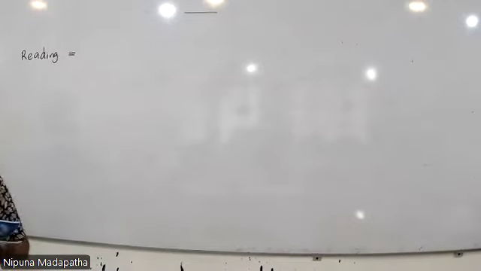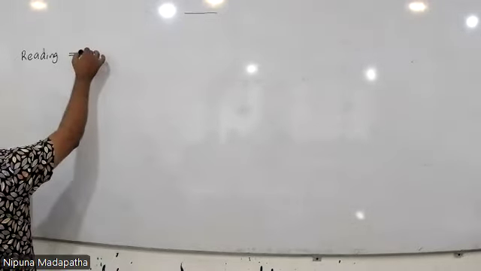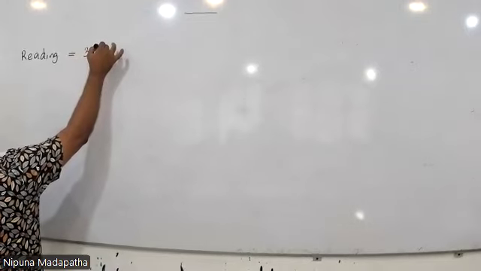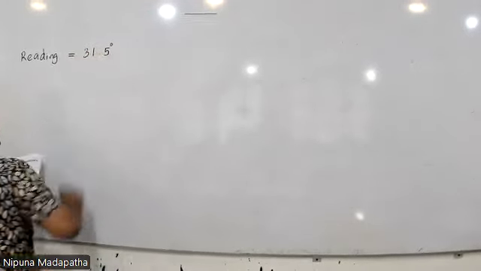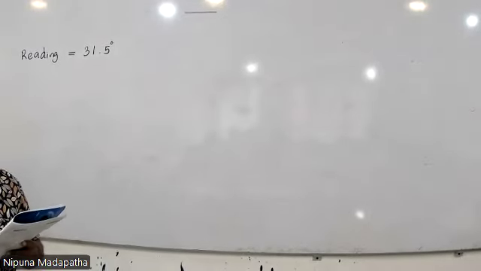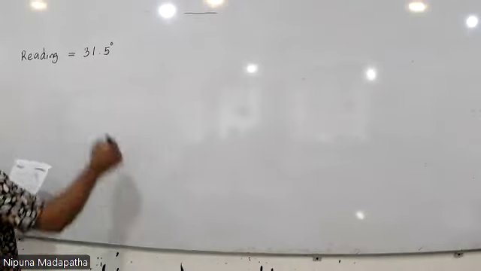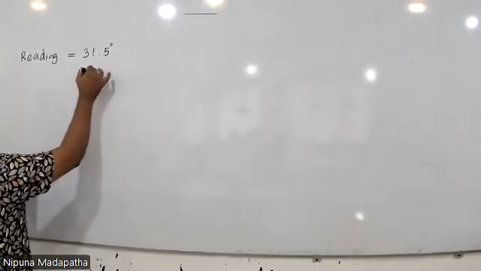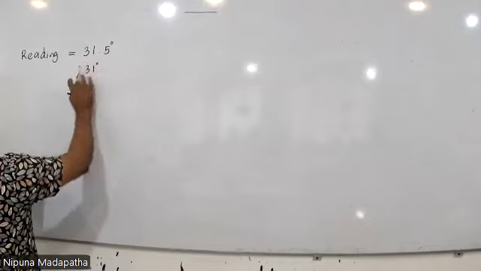What is the main scale reading here? 31.5. Agree? 31.5 degrees. Or either you can write it as 31 degrees and 30 minutes.